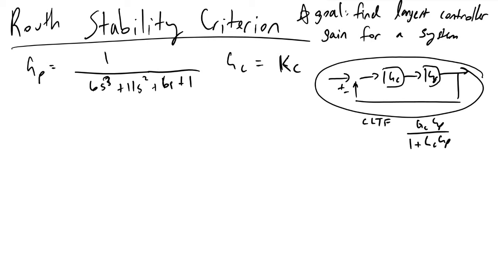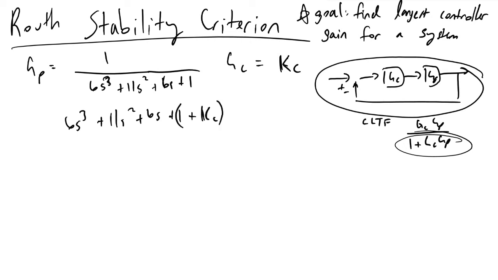Now if we analyze this denominator, because that's the part we're interested in for determining stability, we'll find that it is equivalent to 6s cubed plus 11s squared plus 6s plus 1 plus Kc. Commonly we'll put parentheses here.